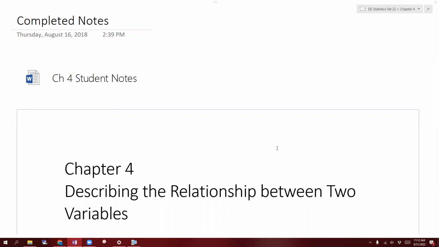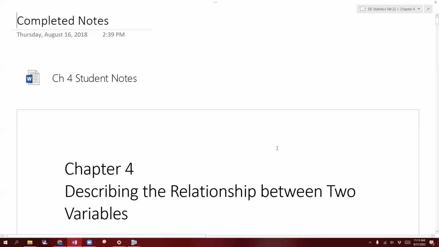And that allows us to look and see how the two variables are related to each other. We generally put our explanatory variable as our x and our response variable as the y. And then we can see, as we change our explanatory variable, what happens to the response variable.